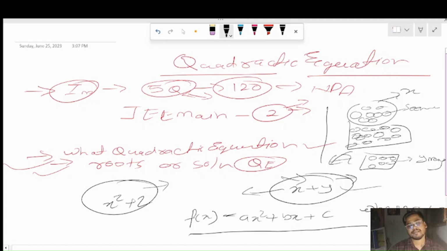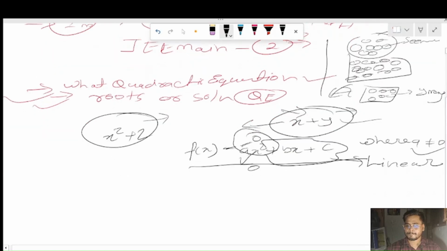Because if a becomes 0, then the ax square term becomes 0, and it will not remain a quadratic equation. It will become a linear equation, a linear expression.